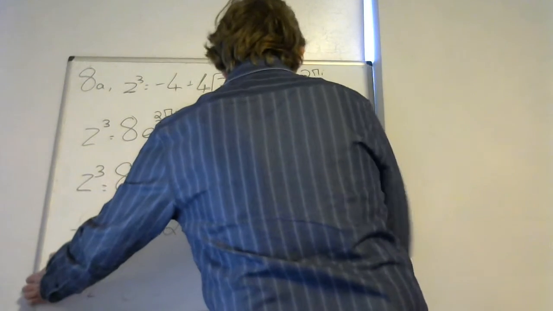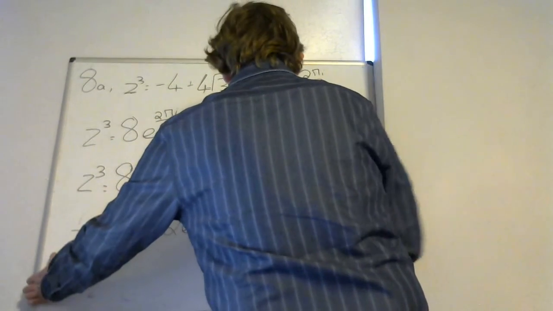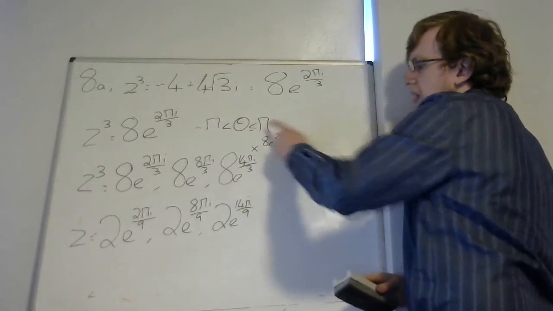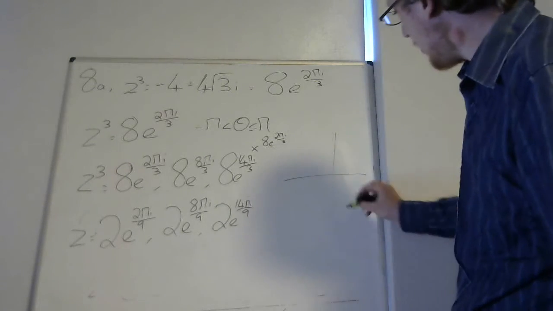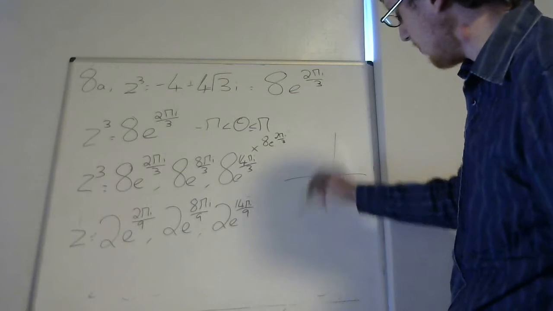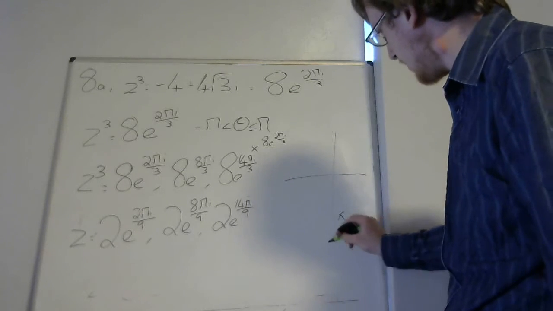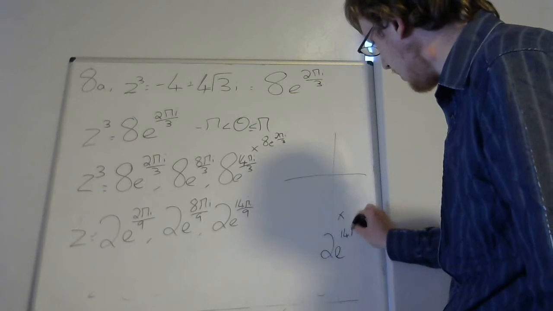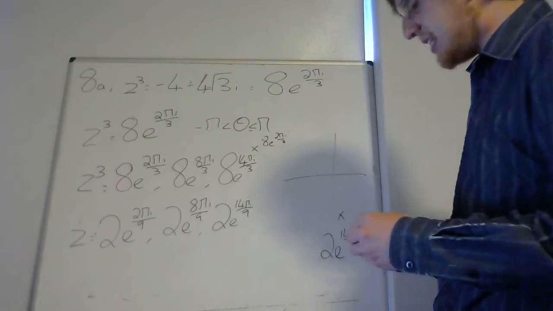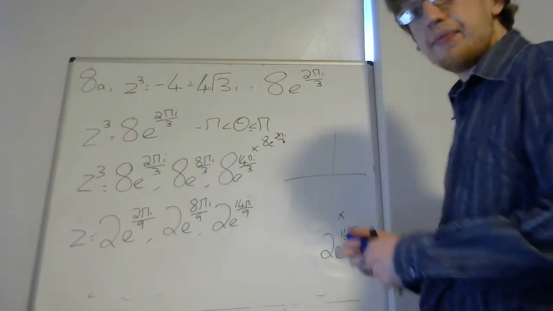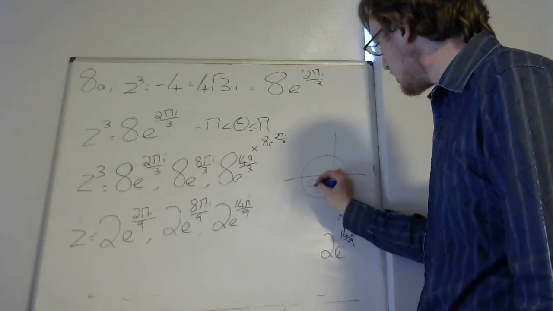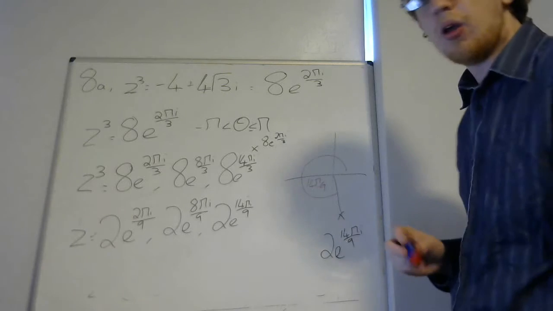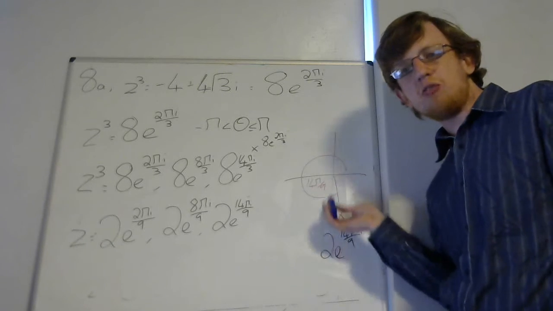So again, we need a complex number that's equal to that one, but with an argument between minus pi and pi. So to get that, we have a look at where this is on our Argand diagram. It'd be about here: 2e to the 14 pi i on 9. So to get to that number, I've gone clockwise around 14 pi on 9. But what I can also do to get to that number is go counterclockwise.